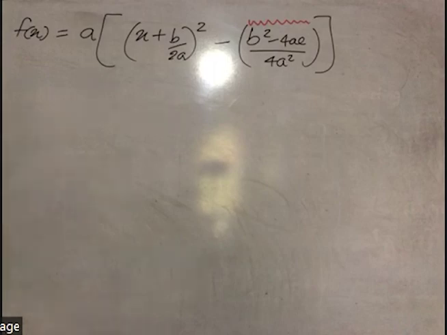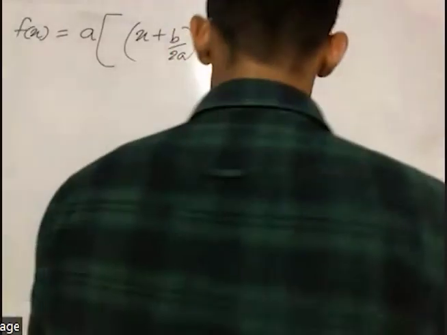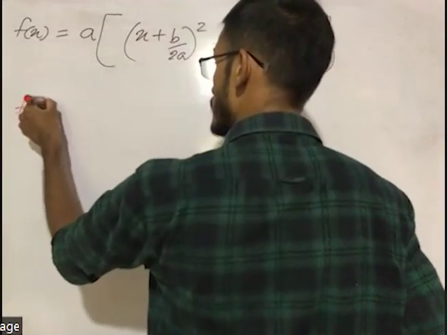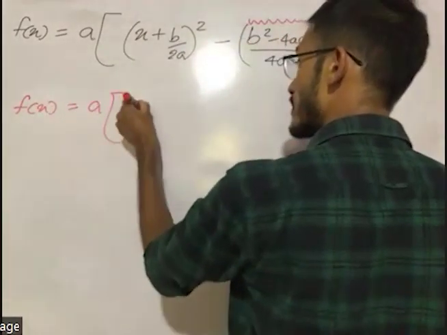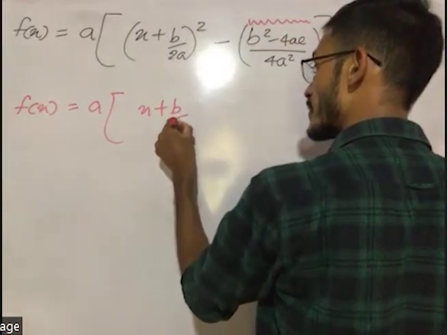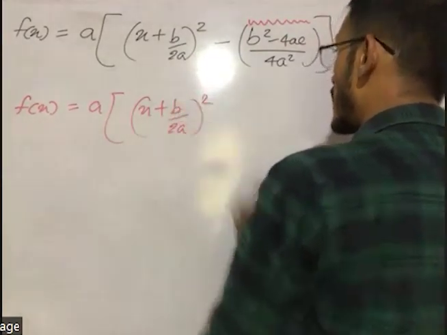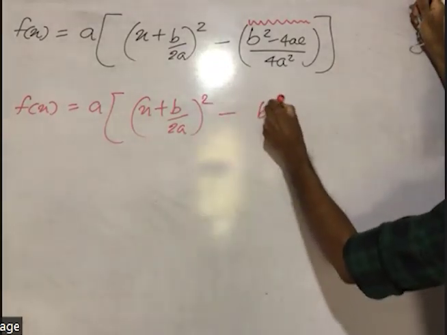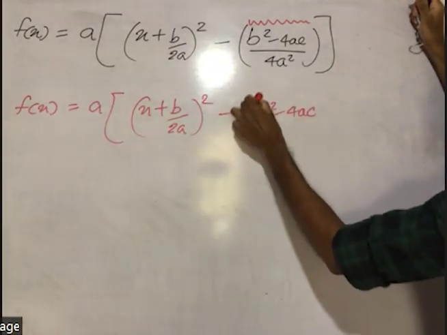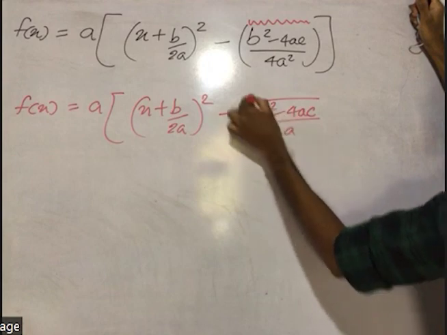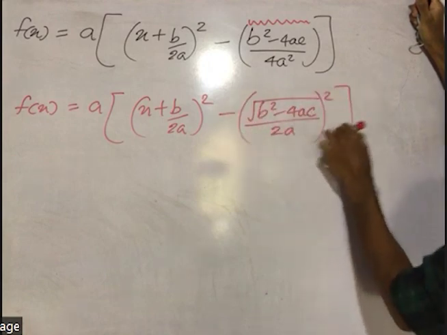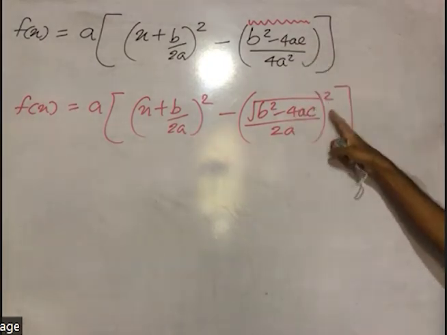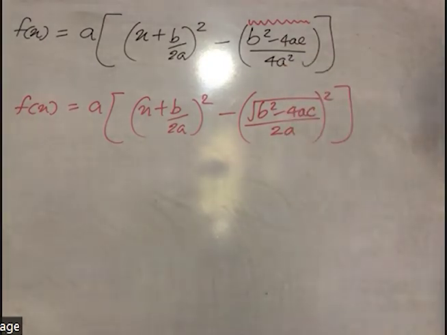Then you can factorize this, right? So I'm going to write down like that. f(x) equal to a into x plus b over 2a whole thing square minus the square root of b square minus 4ac over 2a whole thing square. If you square this, you will get b square minus 4ac. If you square 2a, you will get 4a square.